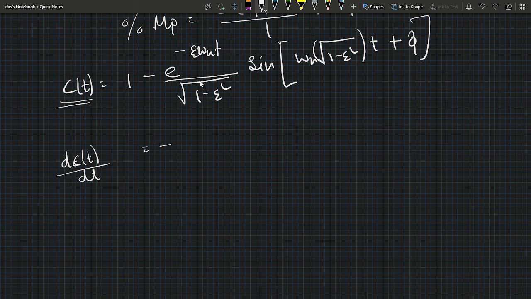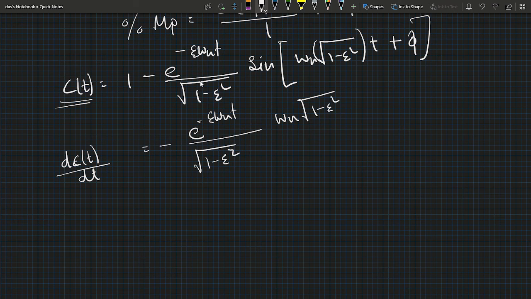Therefore, if we take the derivative of this equation, we get e to the power minus zeta omega n t, root 1 minus zeta square, omega n root 1 minus zeta square times cos of omega n root 1 minus zeta square t plus phi.